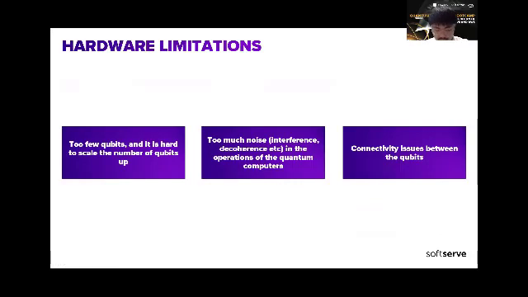The last thing is the connectivity issues between the qubits. So far, we've assumed that basically any qubit can attach to any qubit. We have mentioned that this might be a problem, but the topology of the qubits is quite a huge issue, because in order to perform a 2-qubit gate between two qubits that are not directly connected, you will have to perform several swap gates.